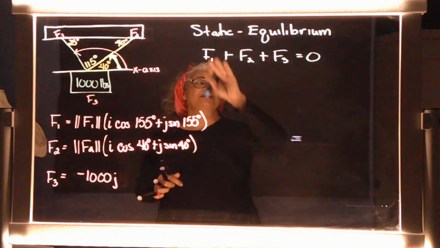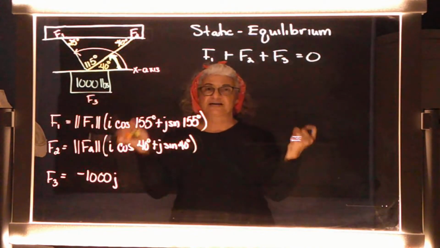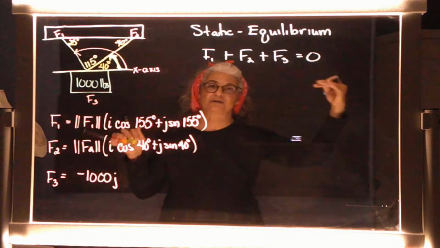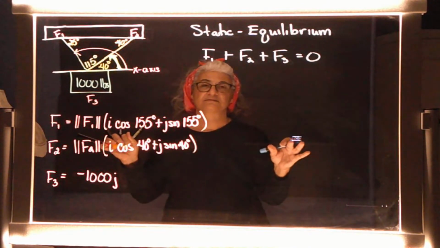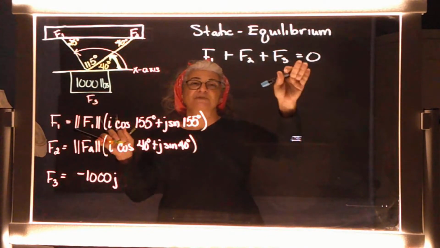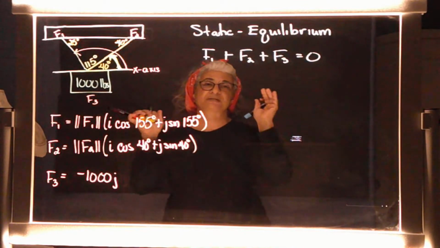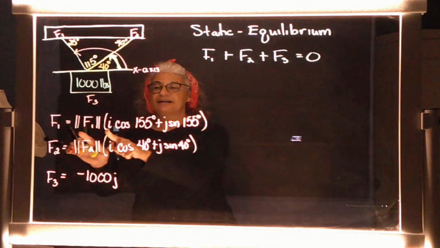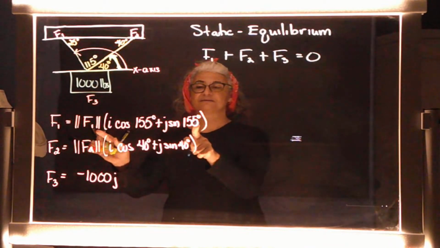Again, static means this isn't moving. This 1,000 pounds is just hanging. It's not moving back and forth on like a rail system or anything like that. But static equilibrium, for it to happen, all three of these vectors must equal 0. The sum of them must equal 0. So, I've got my F1 vector, right?